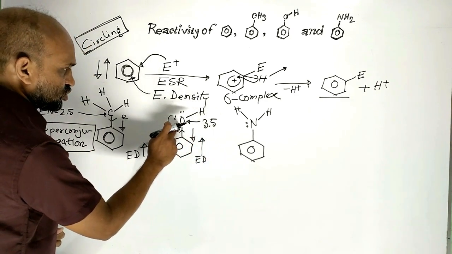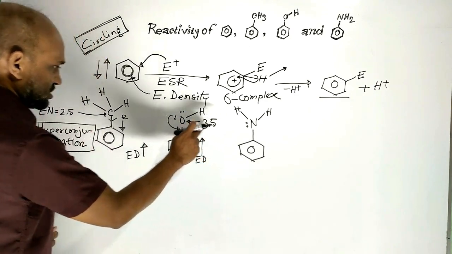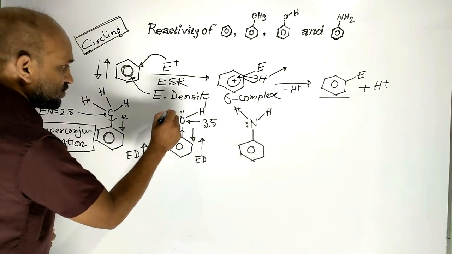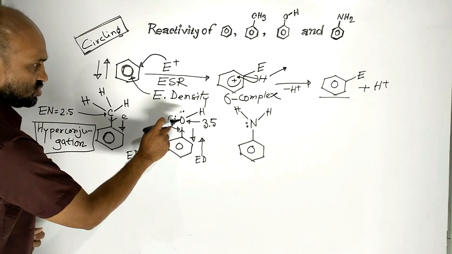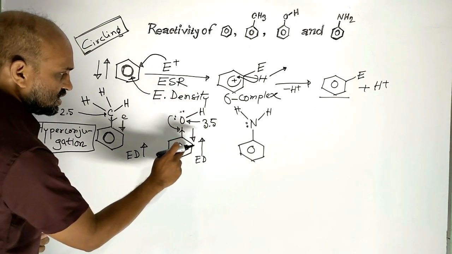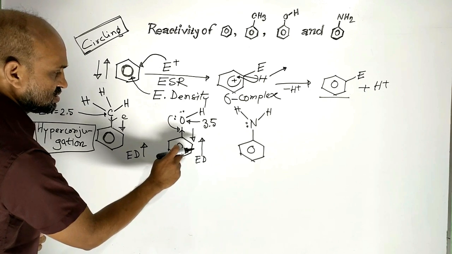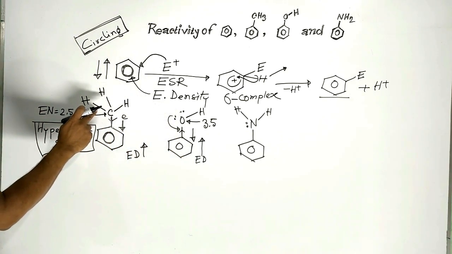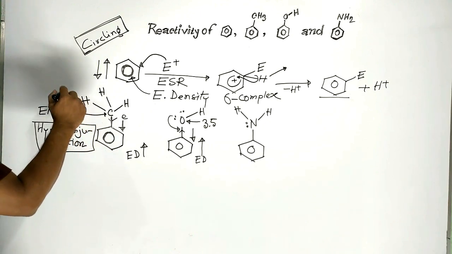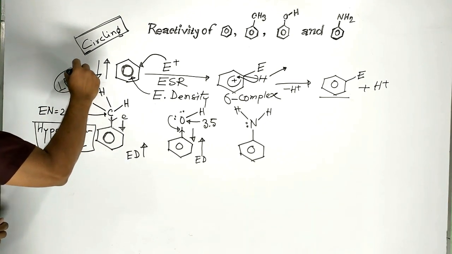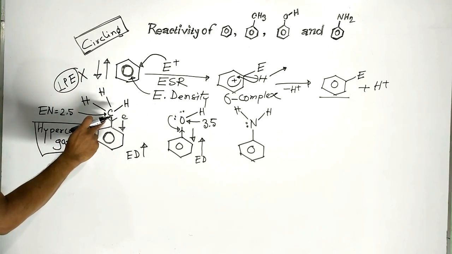Here, oxygen's electronegativity is higher, but oxygen contains two free pair of electrons. That is why hydroxyl group increases electron density in the benzene ring a bit higher compared to methyl group, because in methyl group there is no lone pair of electrons.